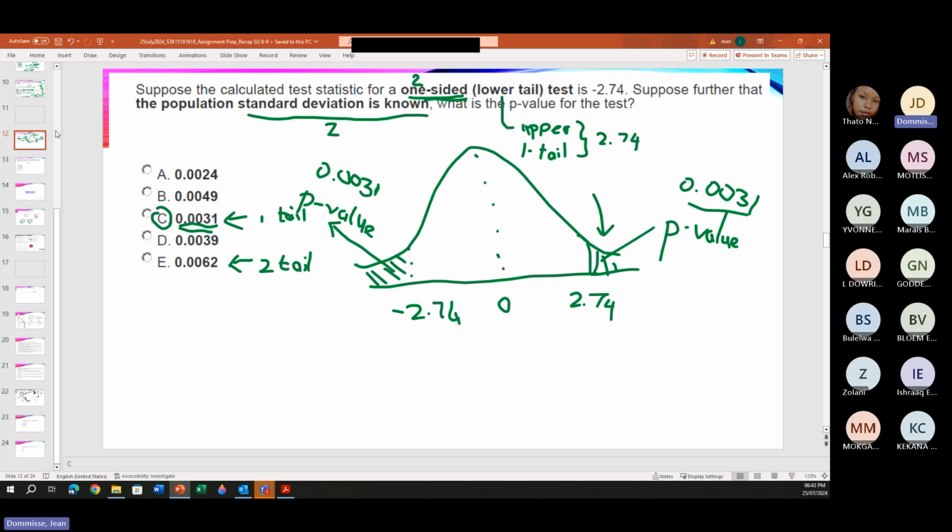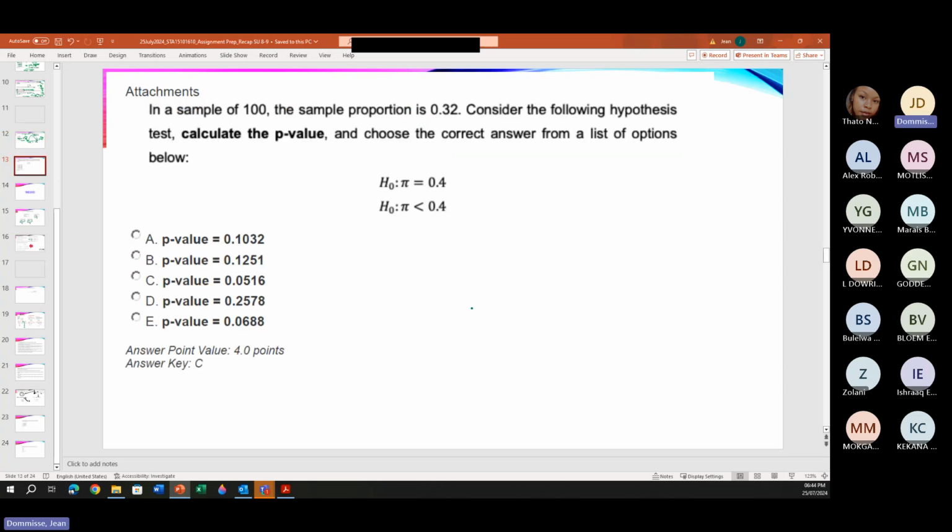Okay, so I thought we need to include something like this because again, it is different from the traditional questions that they have on hypothesis testing. So then we end off with a more traditional question, but on proportions. So here they ask us again something a bit different.